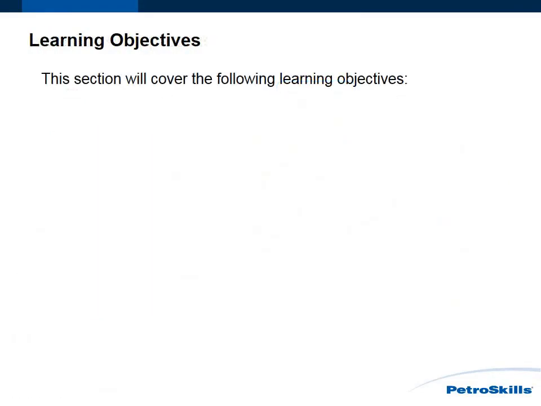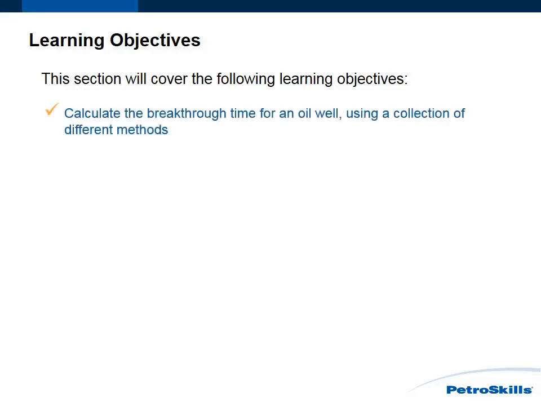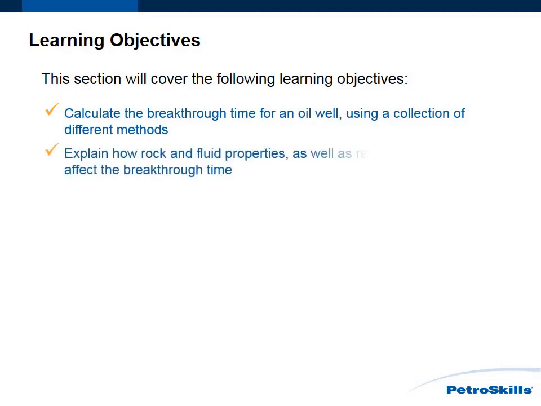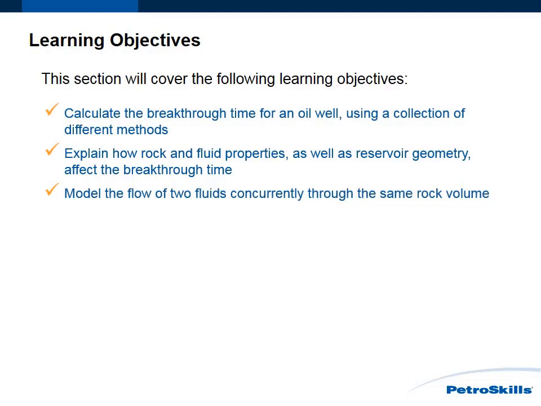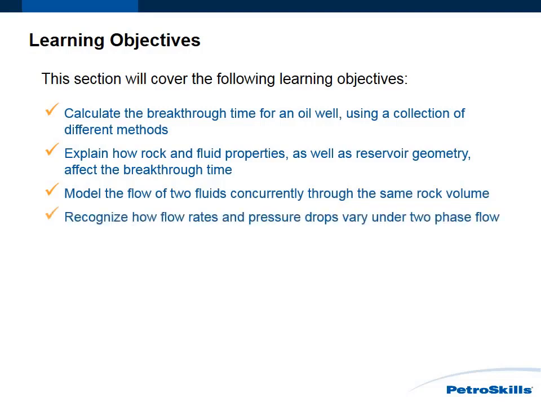This section will cover the following learning objectives. Calculate the breakthrough time for an oil well using a collection of different methods. Explain how rock and fluid properties, as well as reservoir geometry, affect the breakthrough time. Model the flow of two fluids concurrently through the same rock volume. Recognize how flow rates and pressure drops vary under two-phase flow.